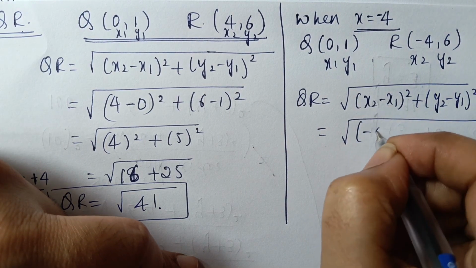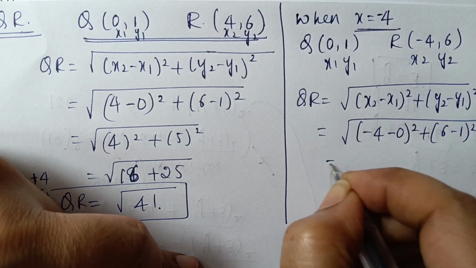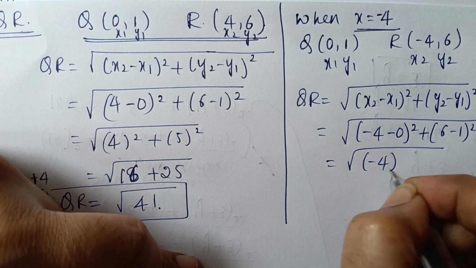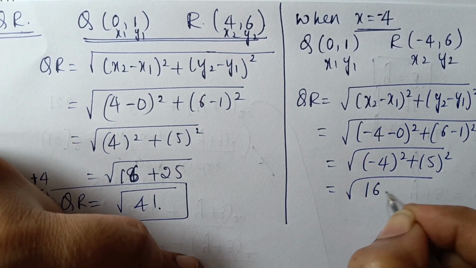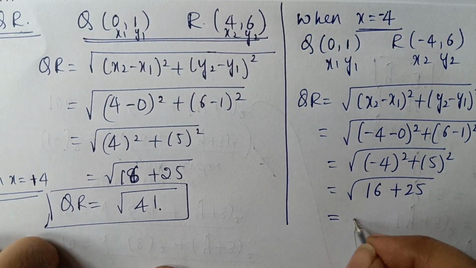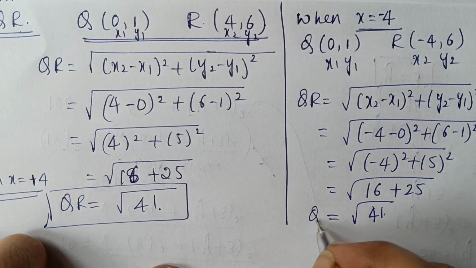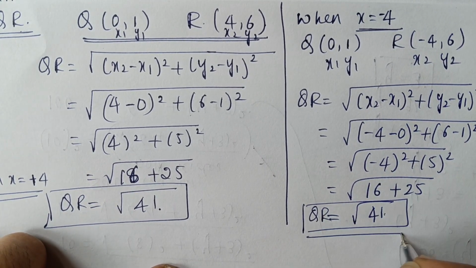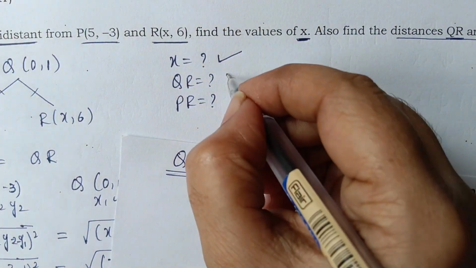Square root of (minus 4 minus 0) whole square plus (6 minus 1) whole square, this becomes (minus 4) square plus 5 square, we get 16 plus 25, which is 41, the same answer. See, we get the same answer for QR in both the cases. Okay, so that is QR done.